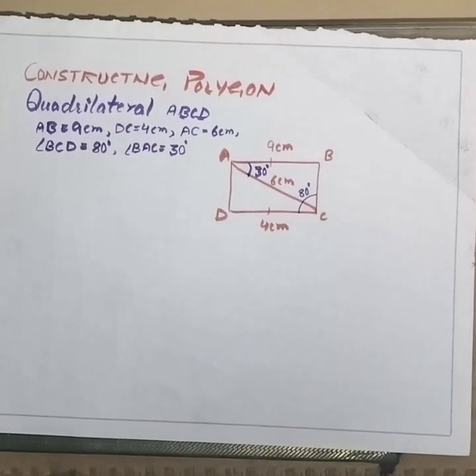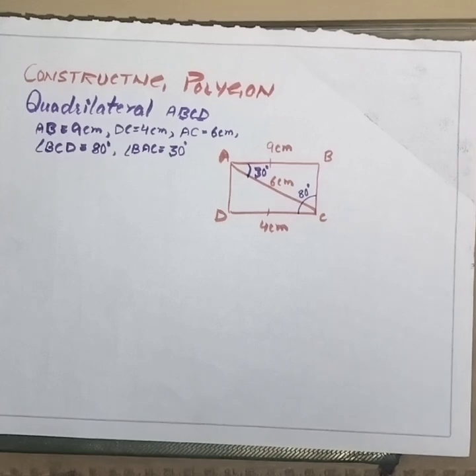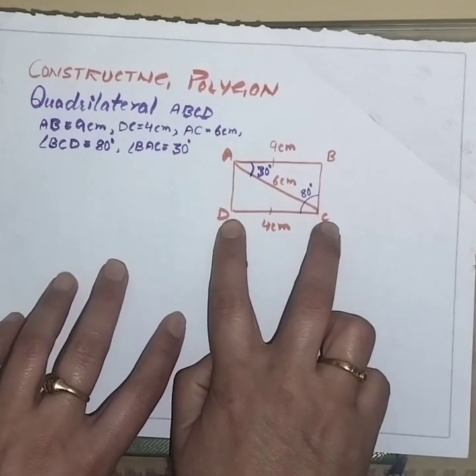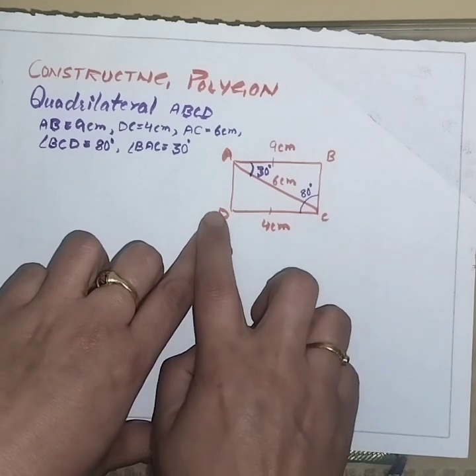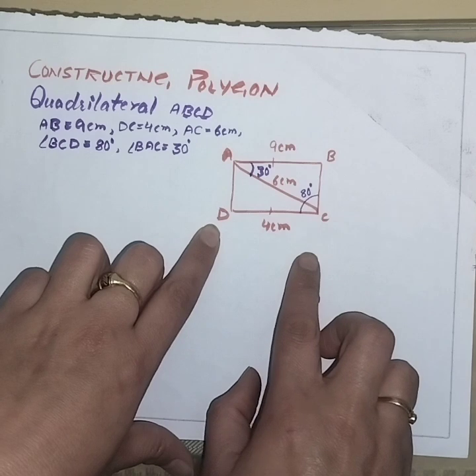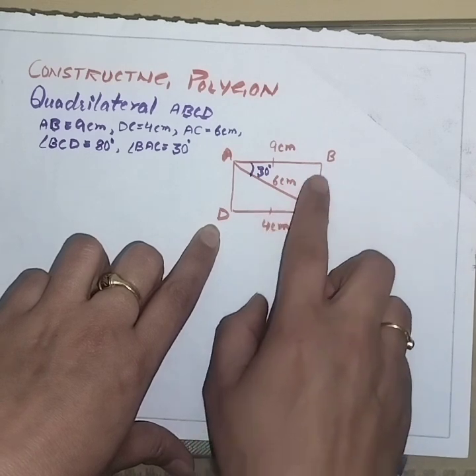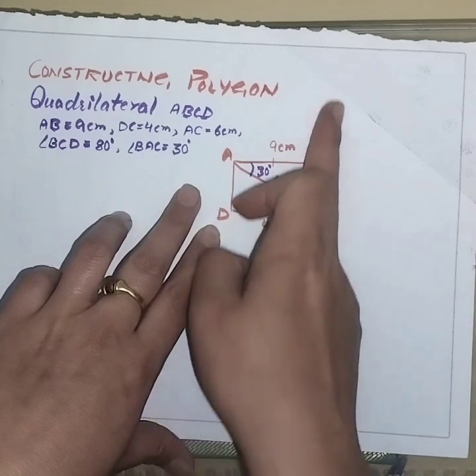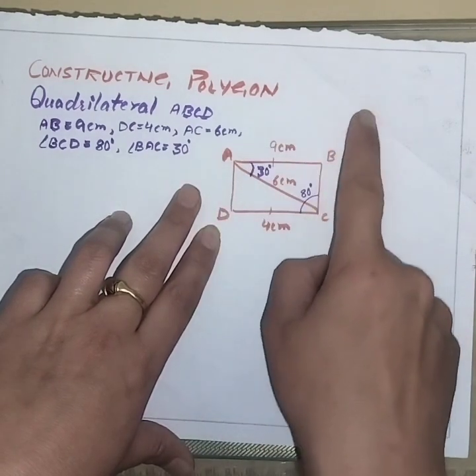Now we have to plan how we should proceed. If you draw DC first, you can go in the direction where B lies. On DC equals 4, then you can draw the 80 degree direction, but where is that B?